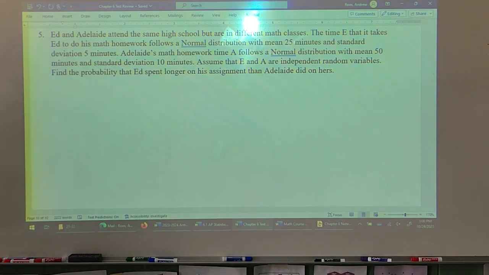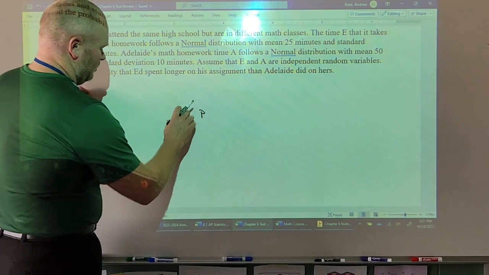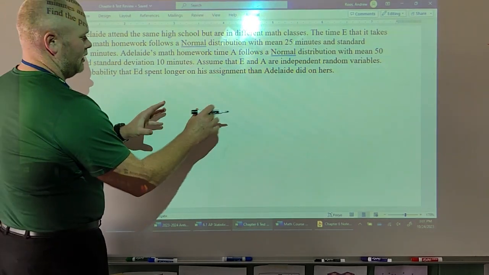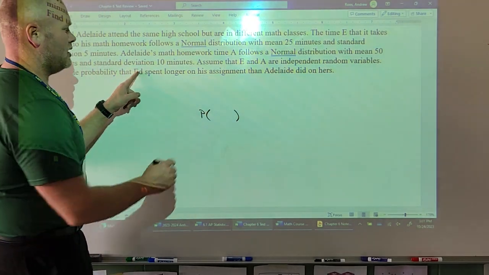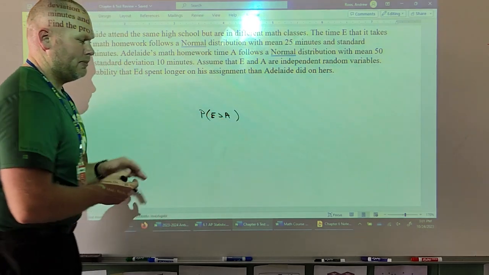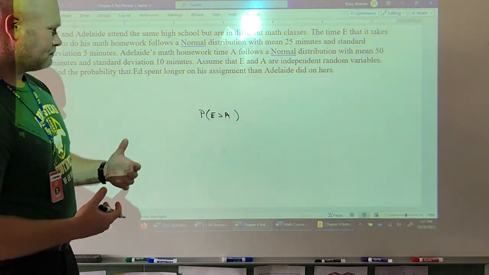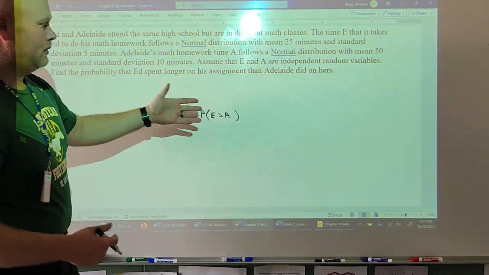All right, so for these ones, hopefully I taught this okay throughout. Eventually, in our probability statement, we are going to be finding the probability that E is greater than A. But within a normal distribution, because this is normal, we need one of these to be a number, right?